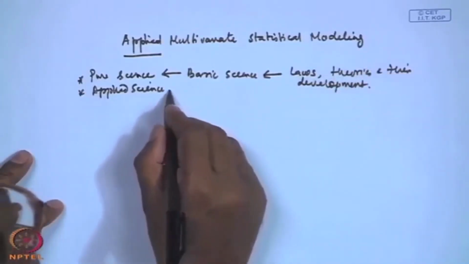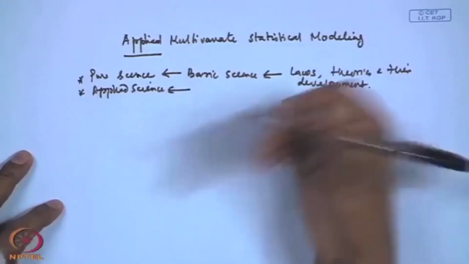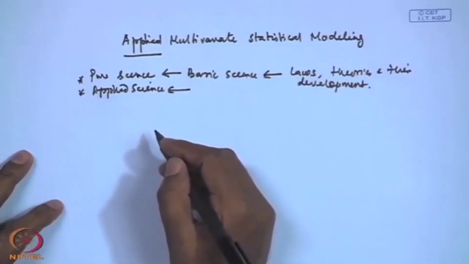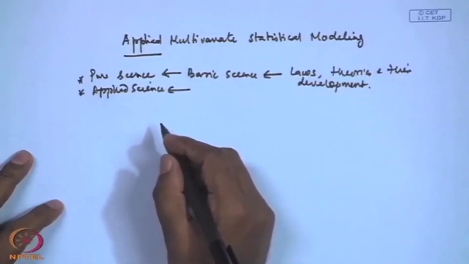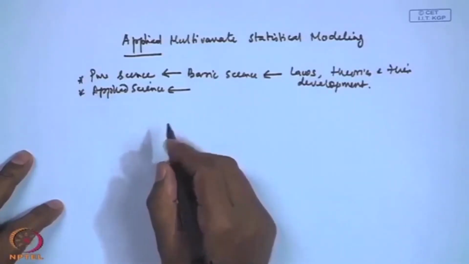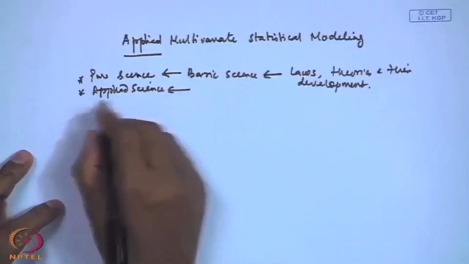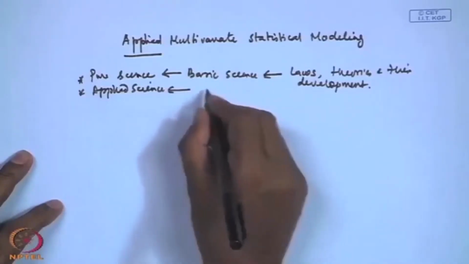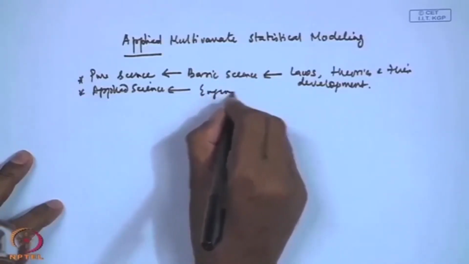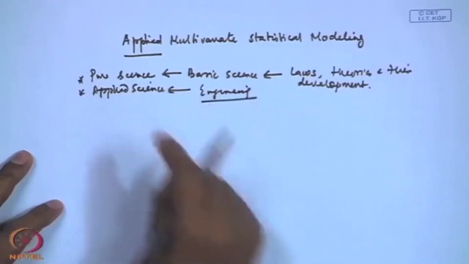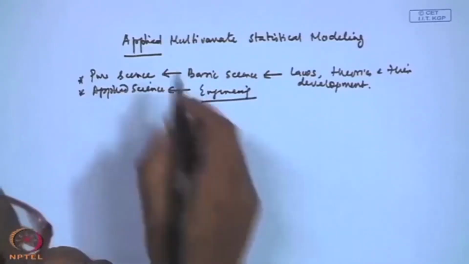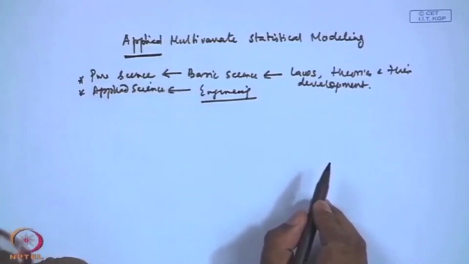Now applied science actually uses the knowledge of the pure science and develops something for the benefit of mankind. So when you talk about engineering, it is basically applied. Now when I talk about applied statistics, what do we mean?